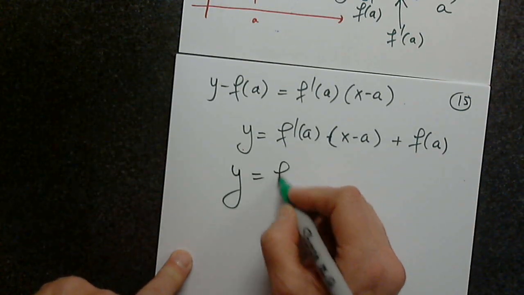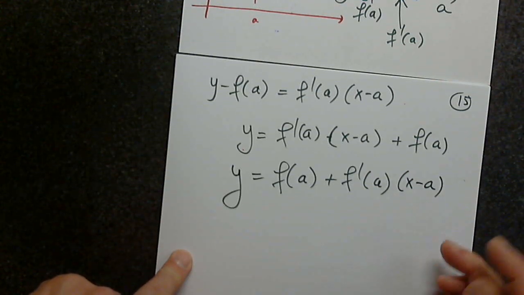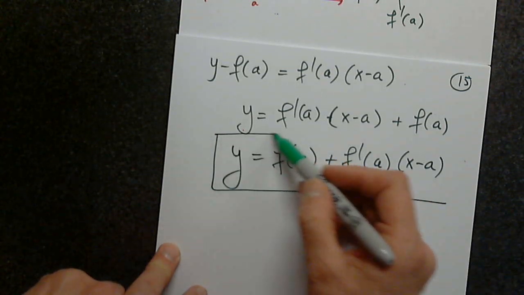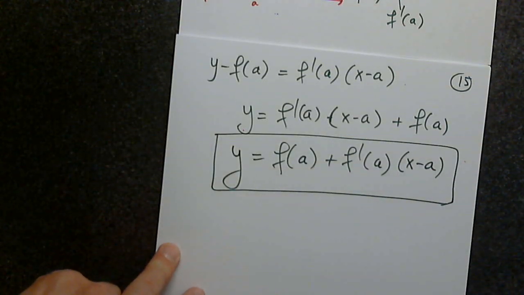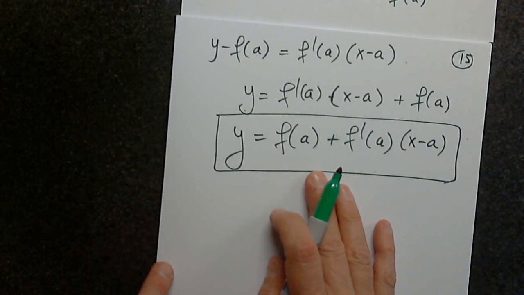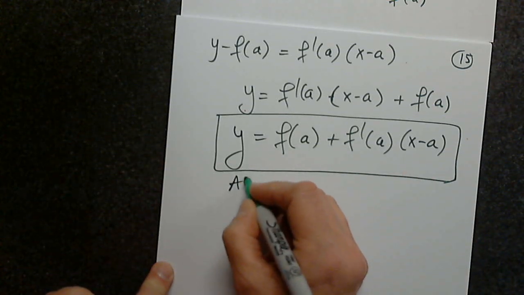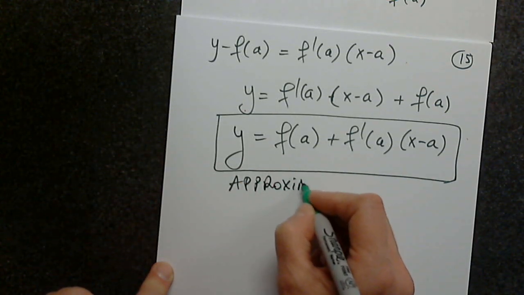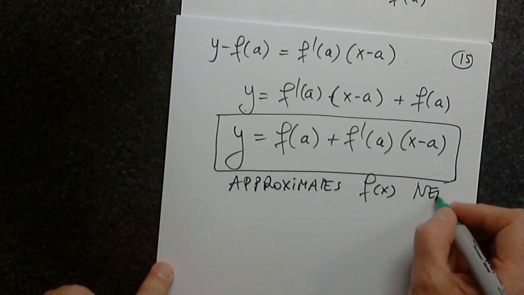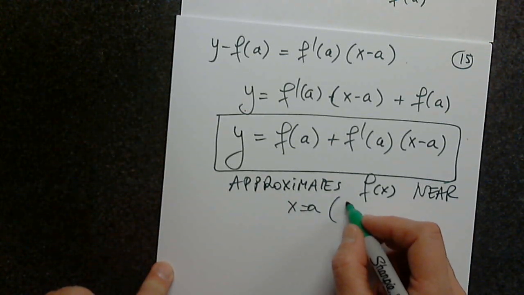But here we're going to write it as f of a plus f prime of a times x minus a, and you will see what happens later in Calc 2. So this function approximates f of x near x equals a, which means near a, near point P.